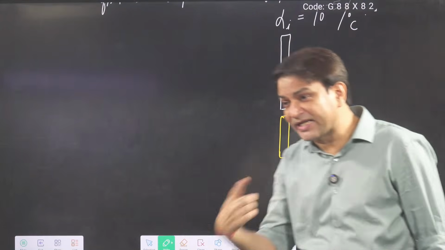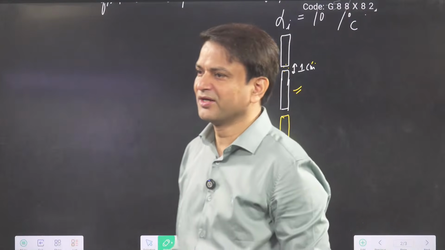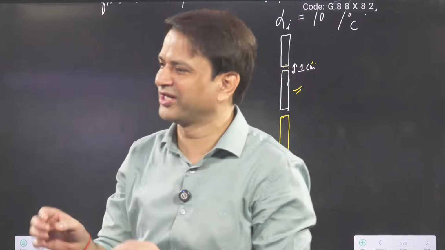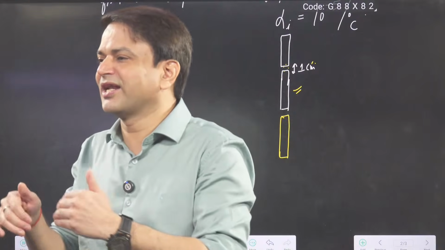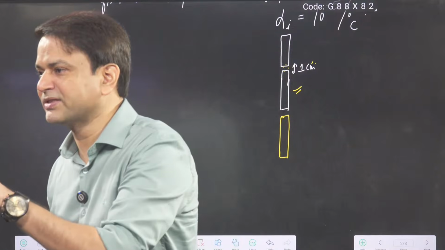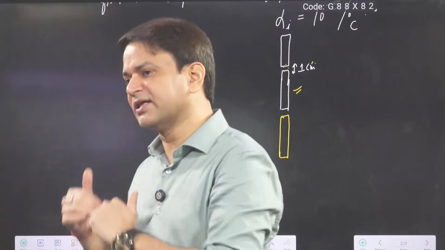So ultimately each track will expand what? Each track will expand 1 centimeter. So who has not thought this much, they only focused on the data, they got the right answer. Who thought a little more, okay, each will expand 0.5, what they missed, everybody got or not?